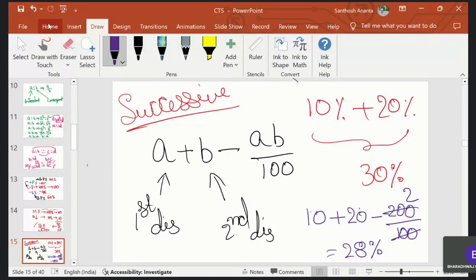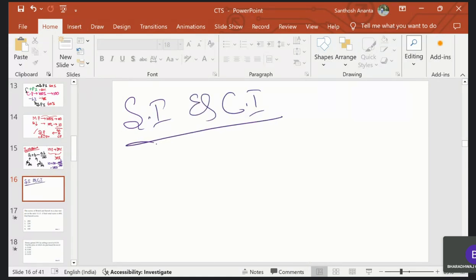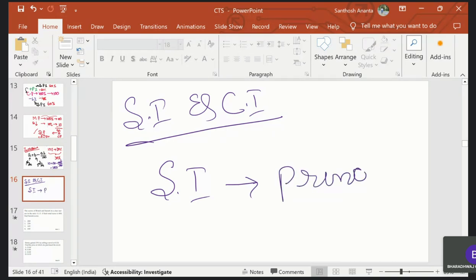Next one. The next concept is simple interest and compound interest. Simple interest means we'll be collecting the interest only on the principal, that is the original amount.